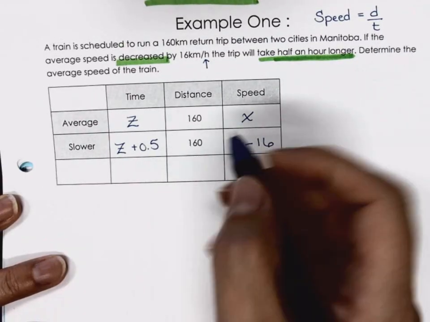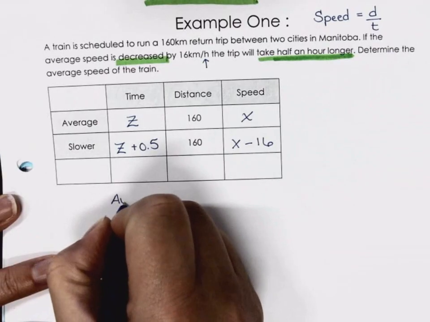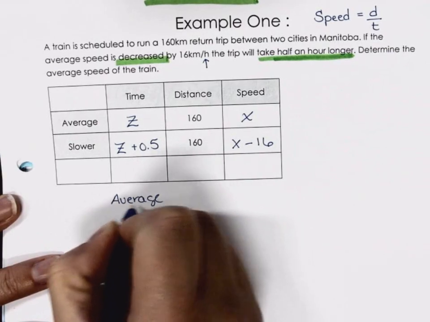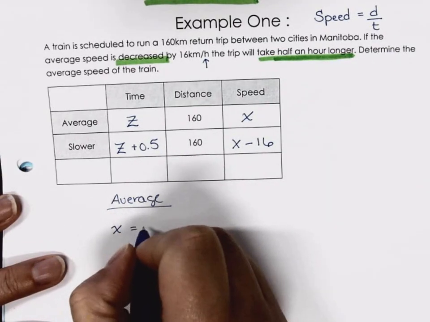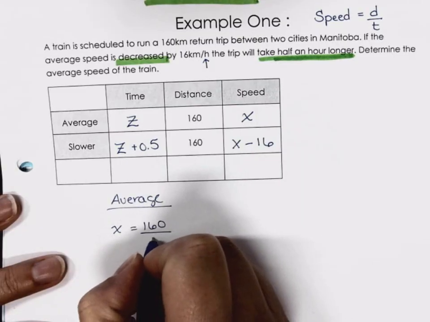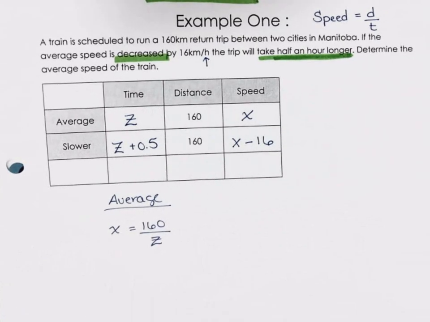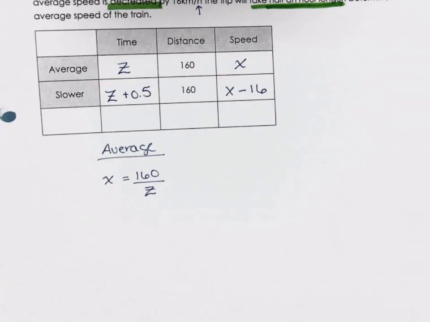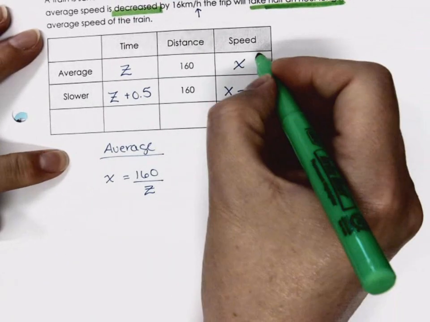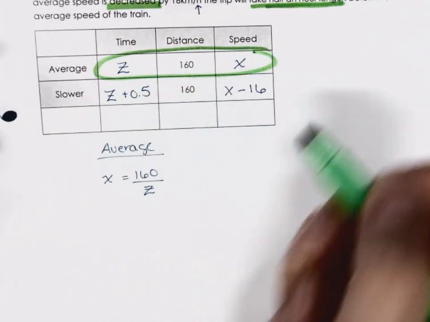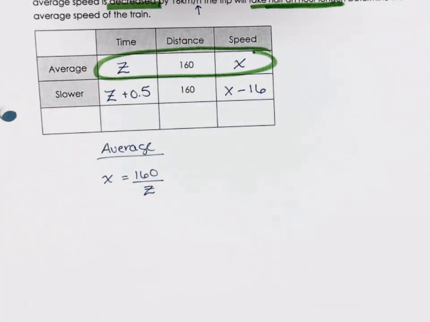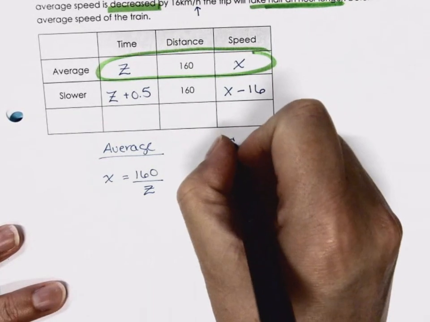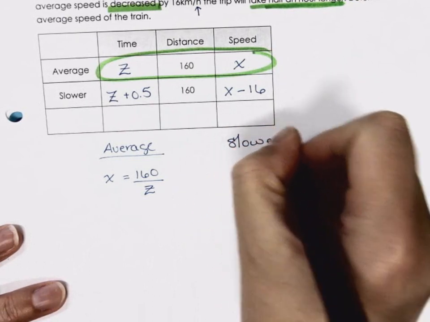All right, so the average speed is X, which equals 160 divided by Z. So all I'm using here is this information from the table. Now I'm going to create a formula for when I'm going slower. And what would that be?